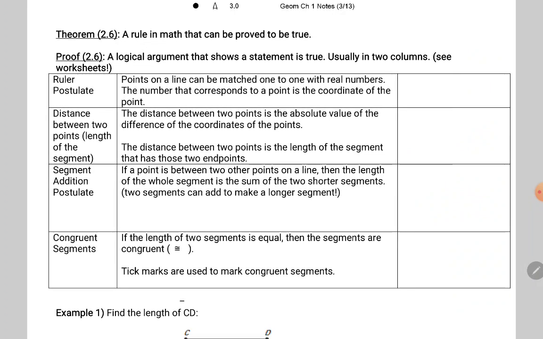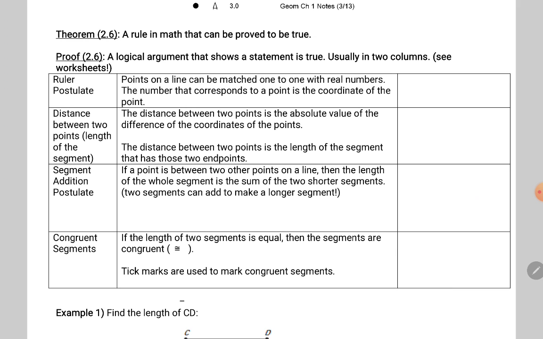A theorem is a rule in math that can be proved to be true, and a proof is a logical argument that shows that a statement is true, usually in two columns. We'll get to proofs in chapter 2, I believe.